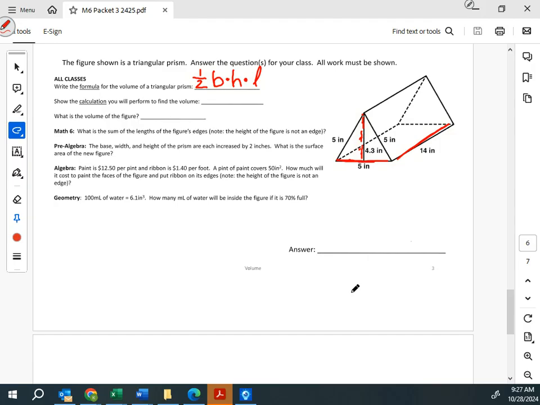So to show that calculation, 1/2 times that base of 5 times the length times the height. You do that math and you put the answer right here. We had 3 inches that we were multiplying, so our answer will be inches cubed. That's a little 3. Write that a little better.